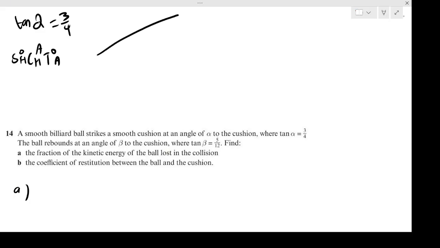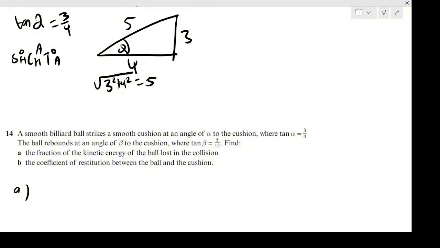I have my angle alpha here, and tan is opposite over adjacent, so the 3 has to be opposite and 4 is adjacent to the angle. And if you do a bit of Pythagoras, the hypotenuse will be 5, because root of 3 squared plus 4 squared is 5.